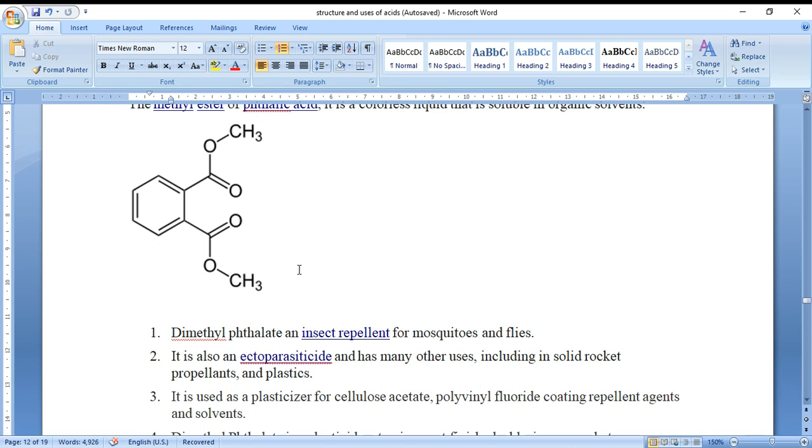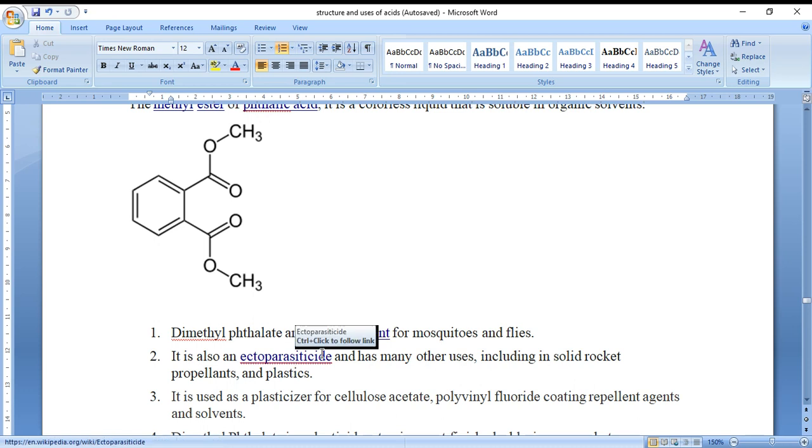You can see the structure. Because of this structure, dimethyl phthalate can be prepared from salicylic acid, and it can be used as one of the powerful insect repellents to kill parasites.